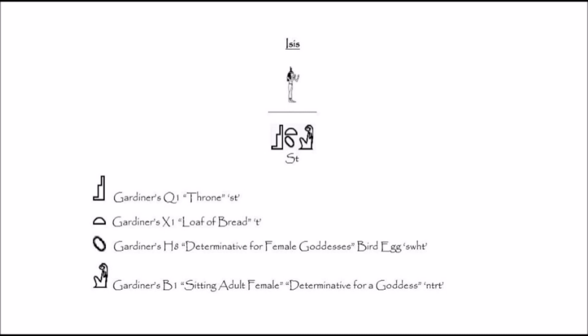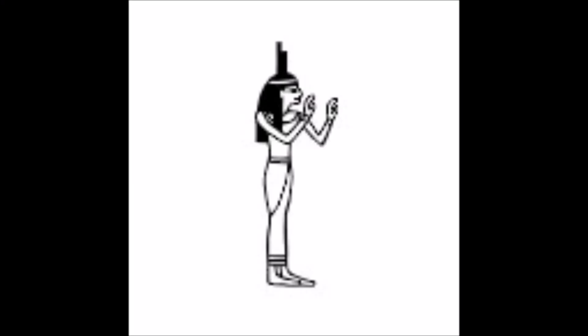And nettert, the T at the end, being the feminine singular ending of god, netter. Notice that Isis's pictographic character is represented with a throne on her head as well as the loaf of bread symbols. This is significant.